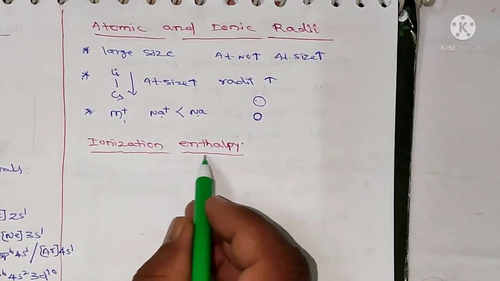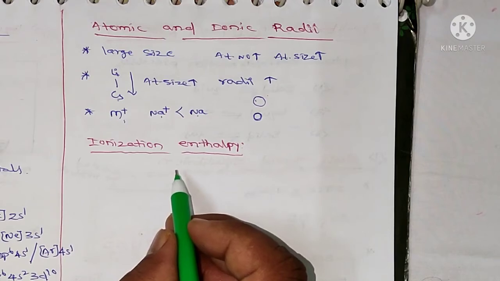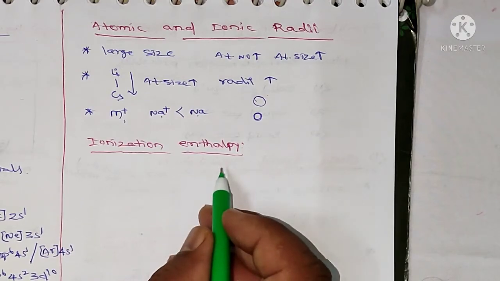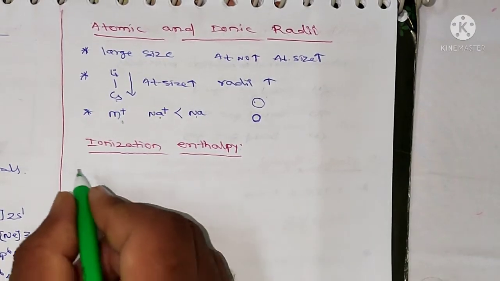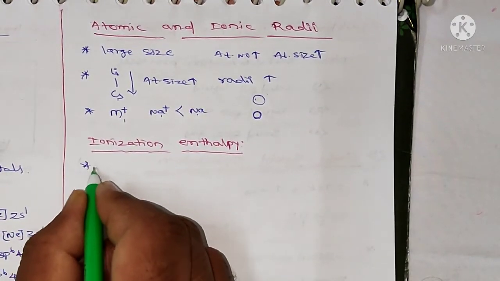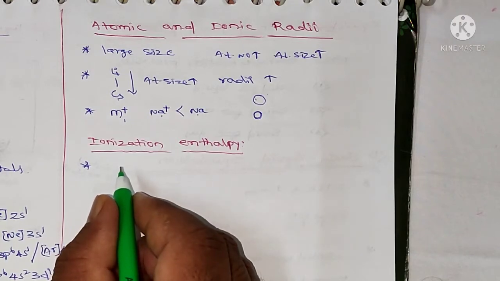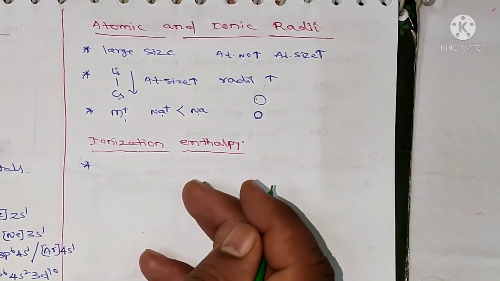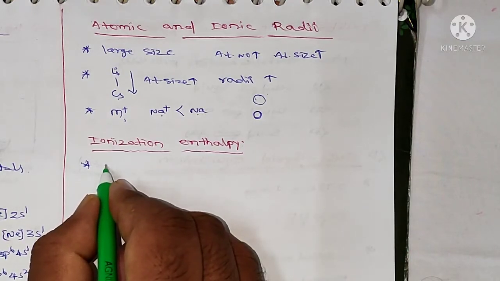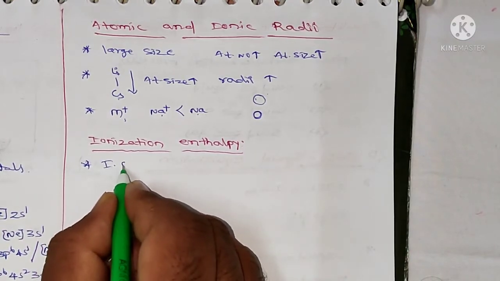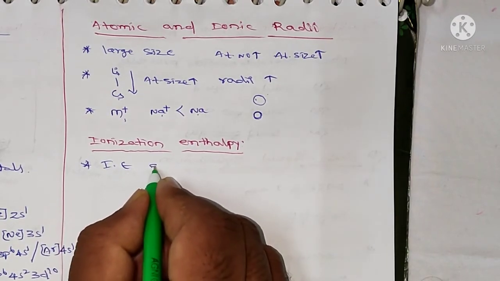And next one, ionization enthalpy. The energy required to remove the electron from the outermost orbital is called ionization enthalpy. Here the ionization enthalpies of alkali metals are low when we compare with other metals.